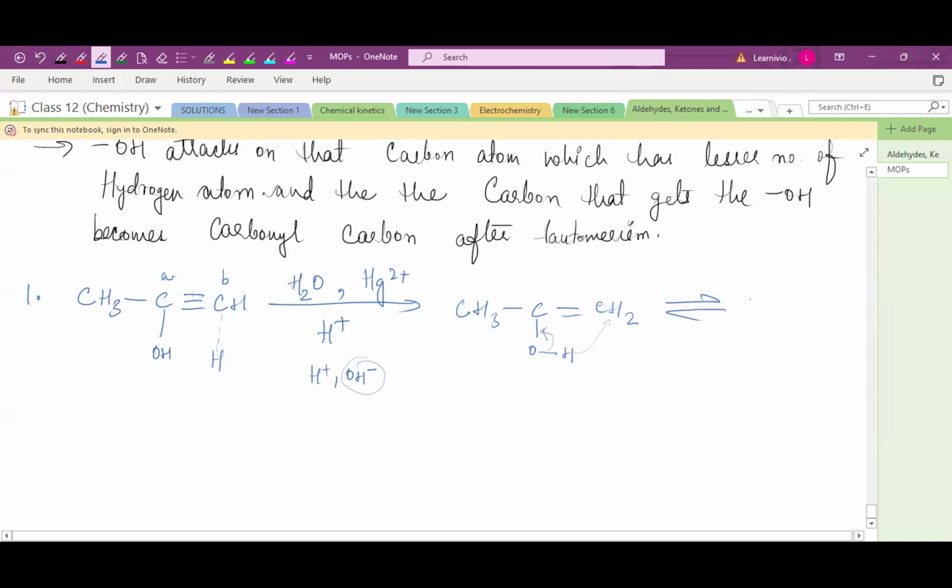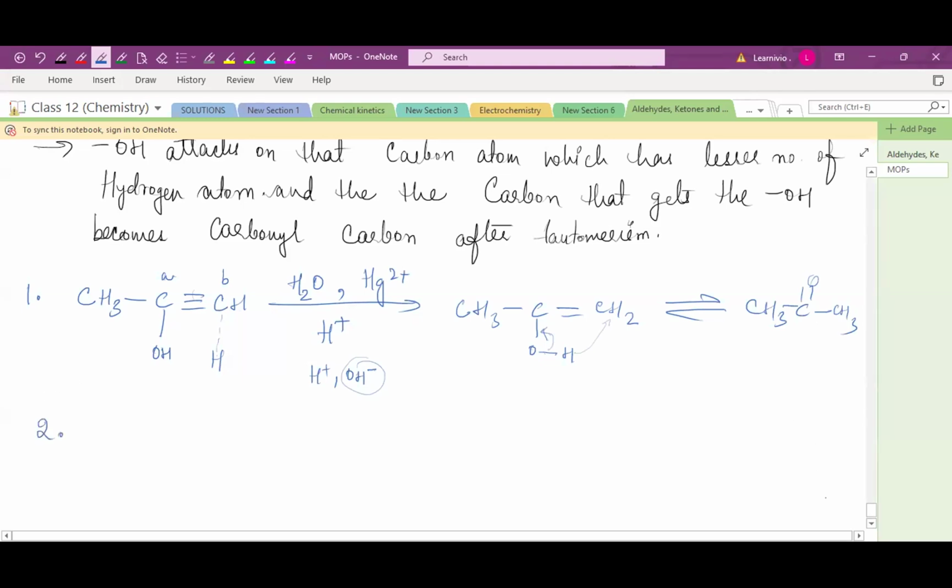Tautomerization will occur, and we will get CH3, CO, CH3, with one pi bond broken. So basically, you will get acetone in this case. Is it clear, Jyovita and Muniba? Yes, ma'am. Okay, so please just use the Markovnikov addition rule and you will get the product.